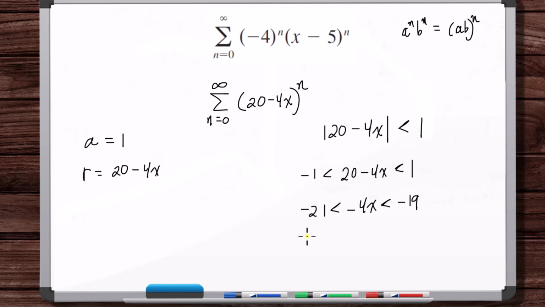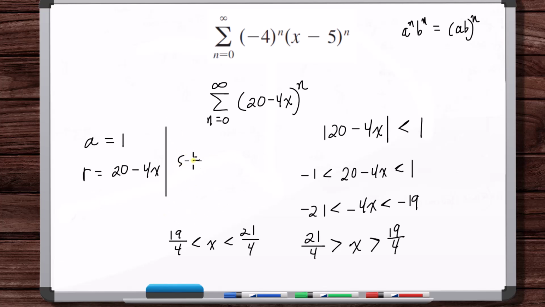Okay, divide all sides by minus 4, flip the inequality signs, and then the sum is 1 minus 20 minus 4x. 1 minus 20 is minus 19, then plus 4x. There we go.